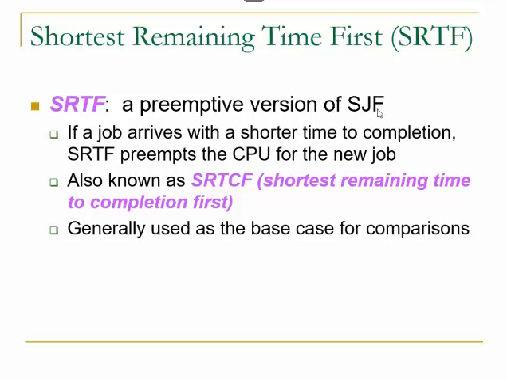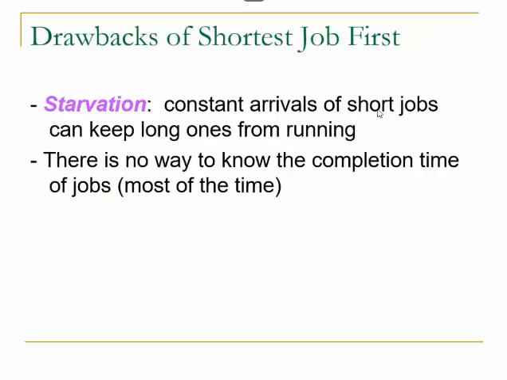It is also known as shortest remaining time to completion first, generally used as the base case for comparison. It is a preemptive SJF scheduling based on the remaining time of a particular process.